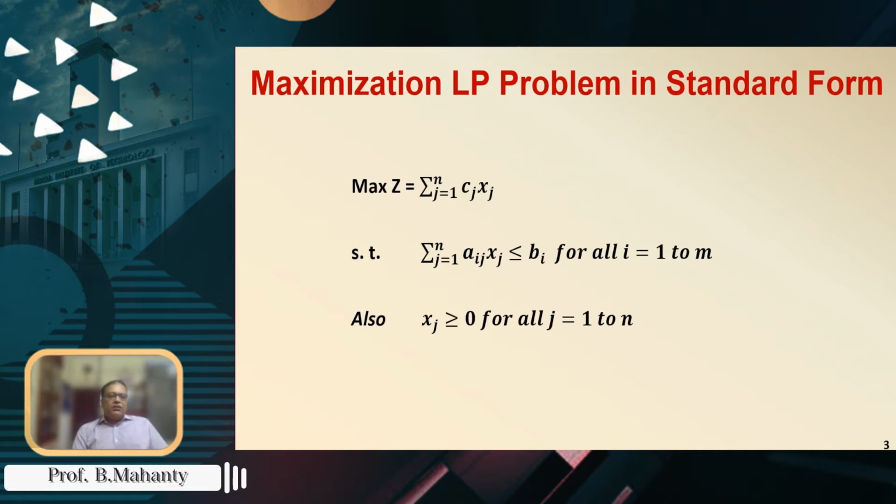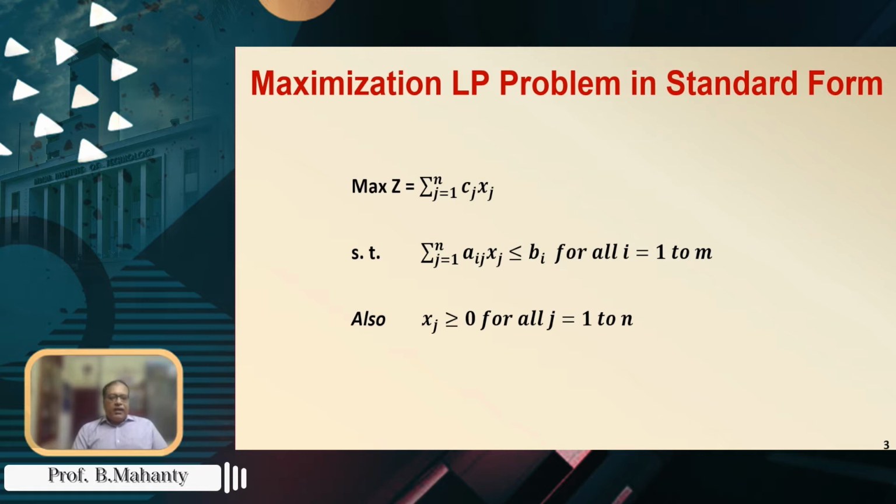So for all m resources, this particular constraint will be repeated. One thing you must also note is that for a maximization problem in standard form, the standard constraint type is less than equal to, right? So all the constraints are going to be less than equal to in the standard form.